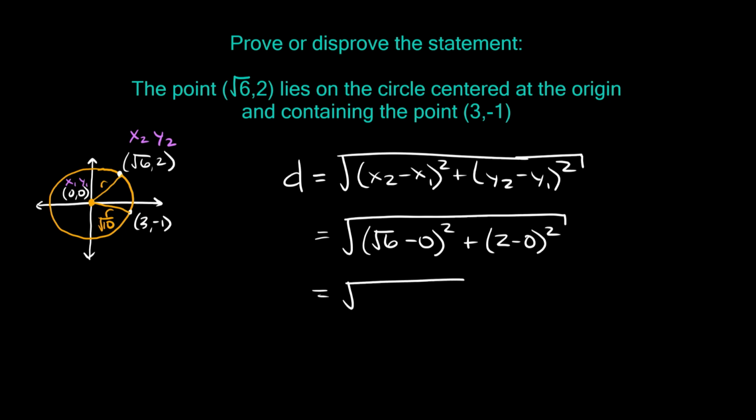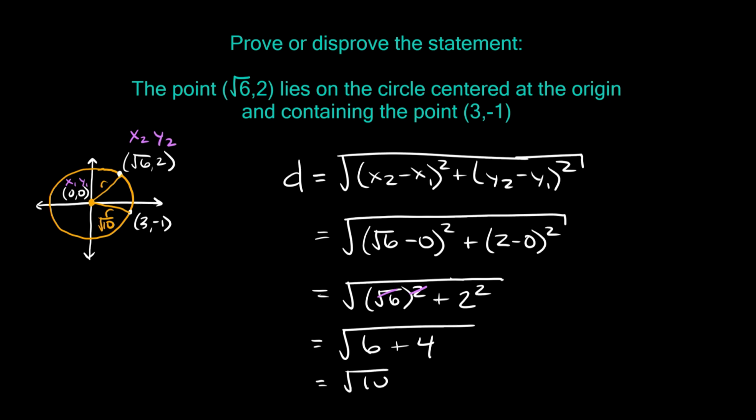The square root of 6 minus 0 is just the square root of 6, and that's squared, plus 2². So this is equal to the square root of 6 squared, those cancel out, so we're just left with 6 in there, and 2² is 4. So here we also get the square root of 10, all right? The distance from the origin to this other point is also, again, the square root of 10.